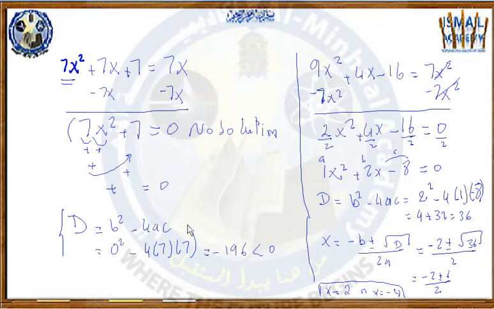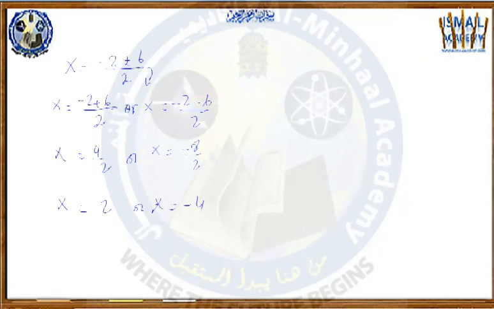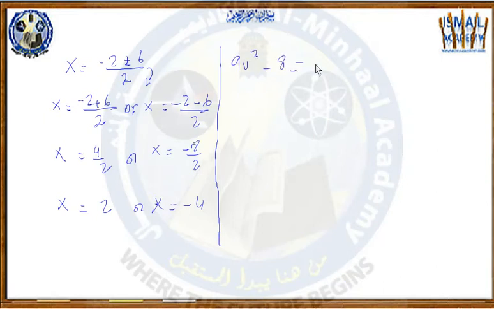Alright, let's do number 11. So we have 9v squared minus 8 equal 2v plus 3 minus v squared.